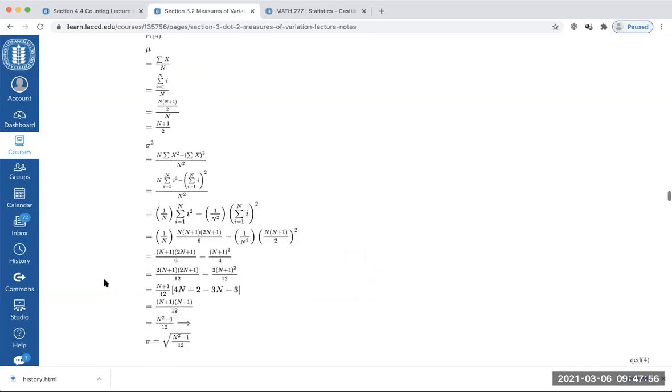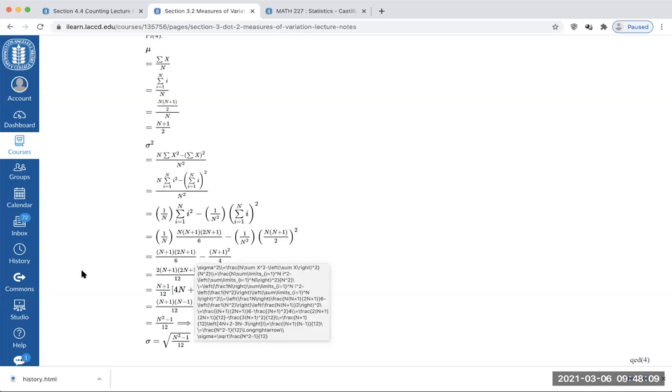Square that. So I just get n squared, the n squareds cancel, times n plus 1 squared, all over 2 squared, which is 4. The n's cancel here, so this is n plus 1, 2n plus 1 over 6.